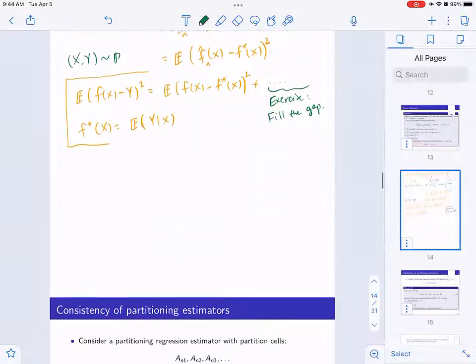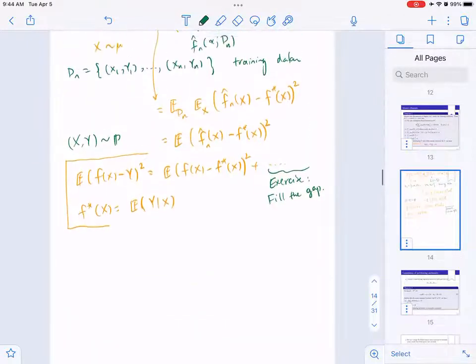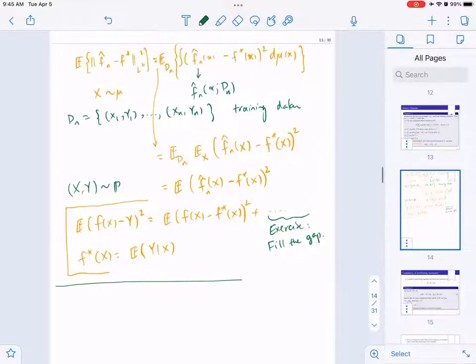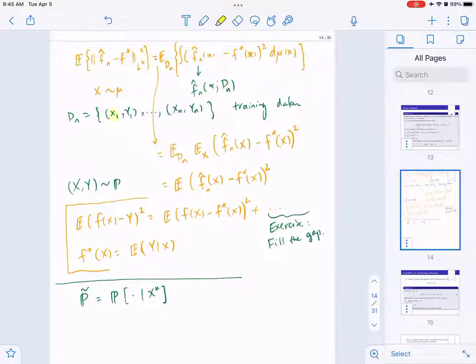What we usually do is introduce these notations to simplify. P tilde is probability conditional on X^n, so I'm conditioning on the x part of the training data.